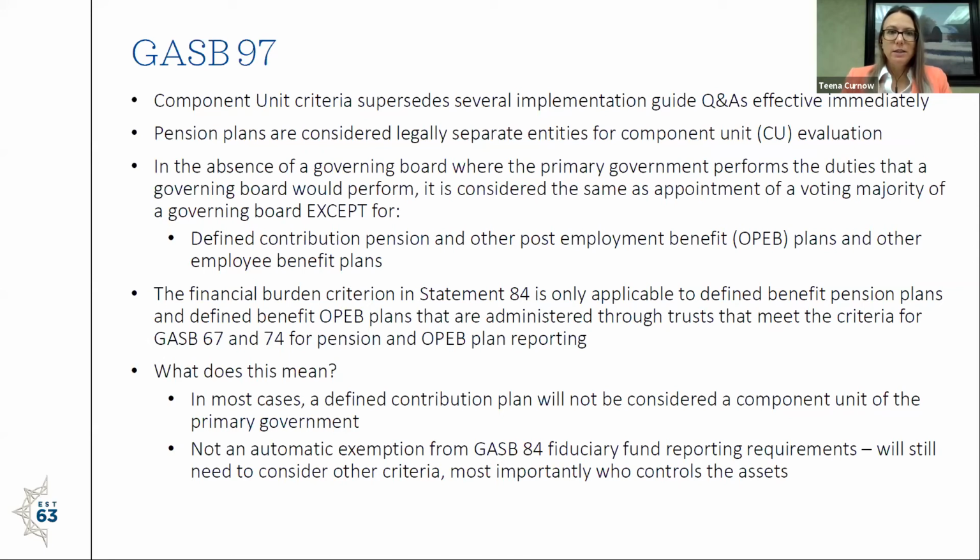Now that this standard is out, this standard supersedes any of those Q&As as far as what the answers were provided in those. So this is the standard you do want to use and rely on when you're looking for the accounting and reporting on these types of plans.